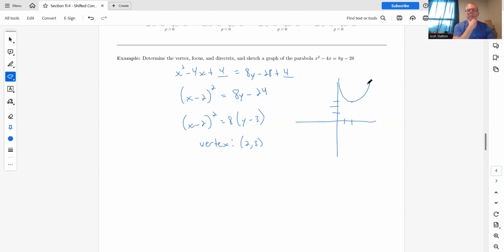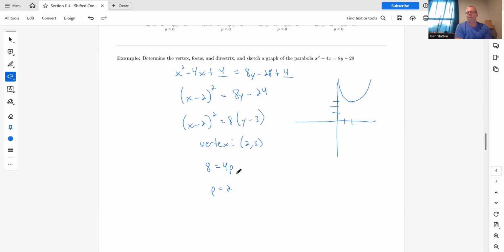And so now how do we get the focus? We know that 8 is going to equal 4p. So back up here with our formulas, the coefficient in front of whichever part is not squared, in this case the y, will equal 4p. So that tells us that p equals 2.